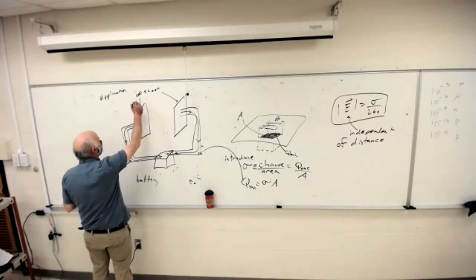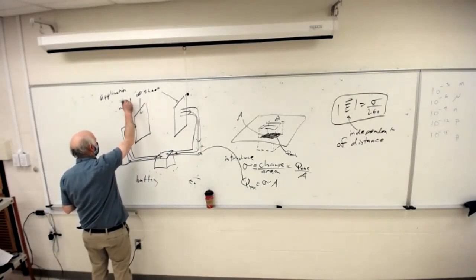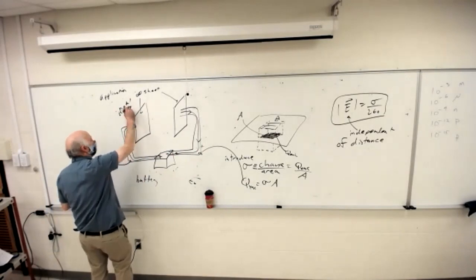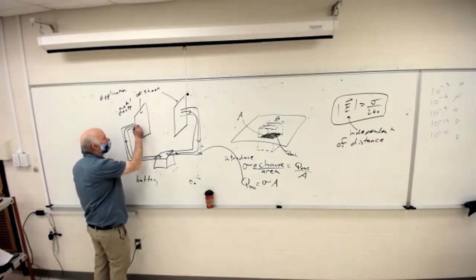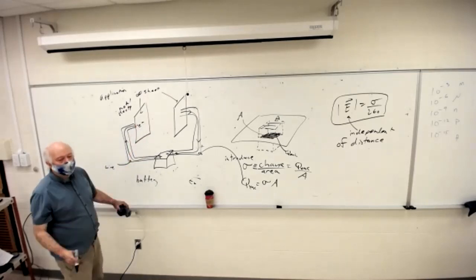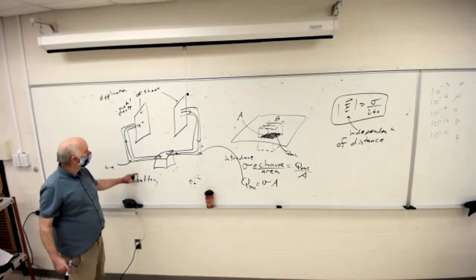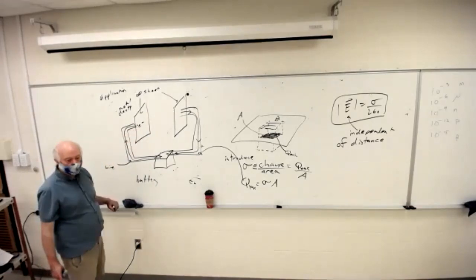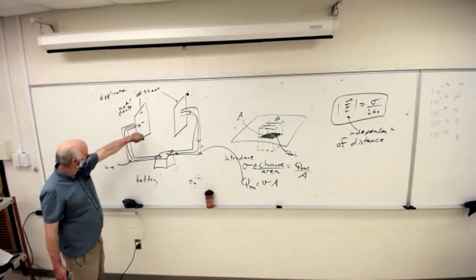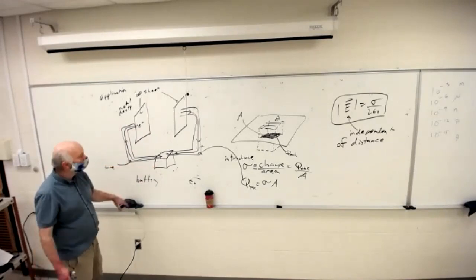Now let's say that these are metal sheets. Metal sheets means you're going to have moving charges. If you're a tiny little electron here in that sheet, and you see an electric field like this, what's going to happen? Yeah, the electric field is going to put a force on you. It's going to move you this way toward that positive charge.